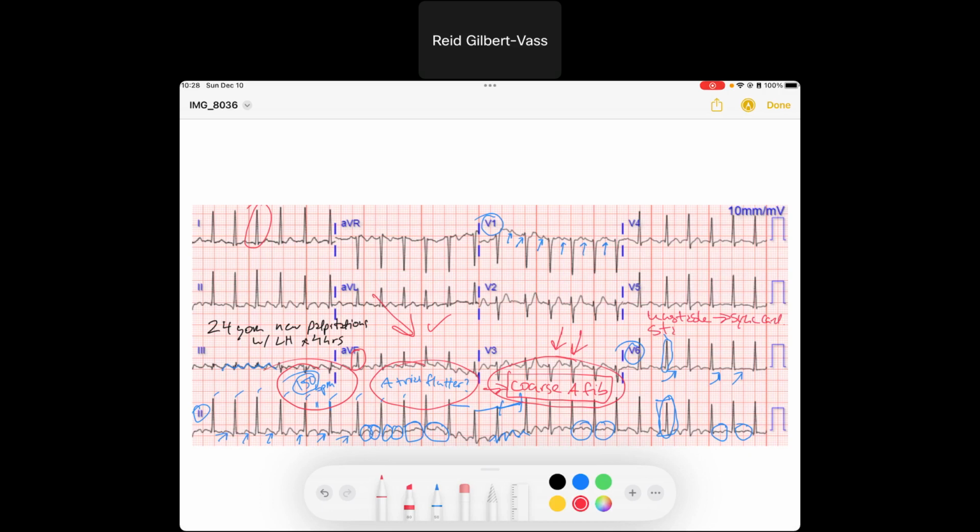And if they're stable, we can slow this rhythm down and then make a decision on if we feel comfortable converting this individual electrically or pharmacologically. And there's some nuance to converting new-onset AFib.